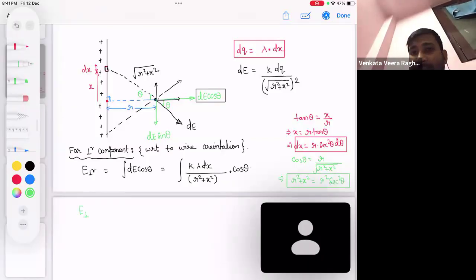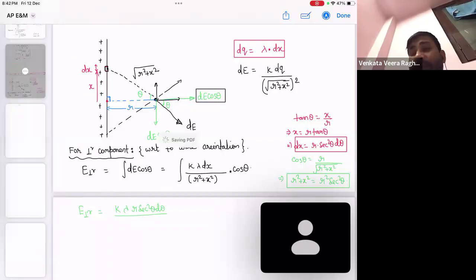So the perpendicular component will become k lambda, dx is r sec square theta d theta, denominator r square plus x square. R square plus x square we got as r square sec square theta, right? And another cos theta is there. That cos theta comes from the component, isn't it?